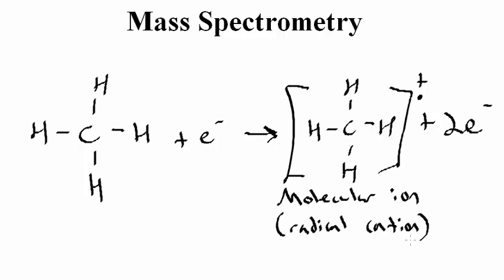A molecular ion is the species formed by removal of a single electron from the molecule. The molecular ion belongs to a class of ions called radical cations. Here we have methane bombarded with the high energy electrons, and when an electron is dislodged from it, it gives a molecular ion with an m/z of 16.